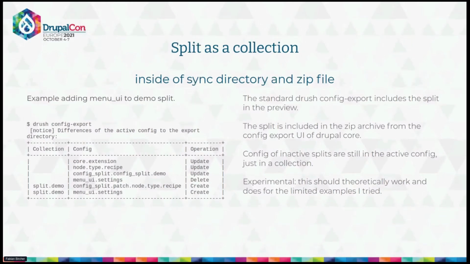It will add the menu UI settings on the import, and it will remove the collection, so that this information is not necessary in the active storage because it's been applied. And when you export it again, it will export it again. However, when the split is inactive, then this configuration will be a collection, and config split will not do anything about it, so it will just remain as a collection in the active storage.